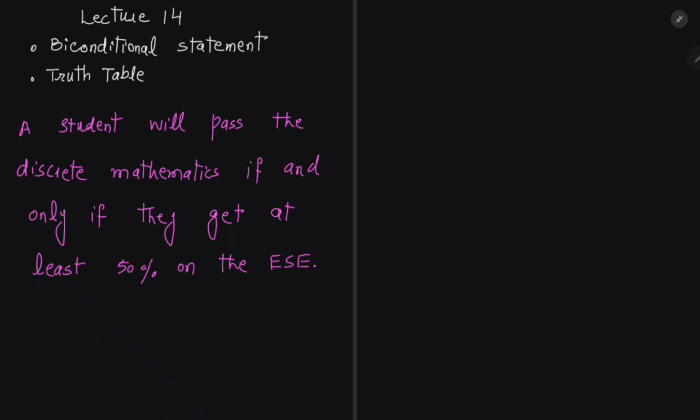Here you can see that the change in this statement is "if and only if". Before "if and only if", we have a statement which says that you can only pass discrete mathematics if you get at least 50% in the end semester exam.